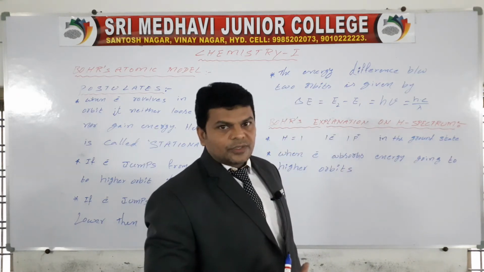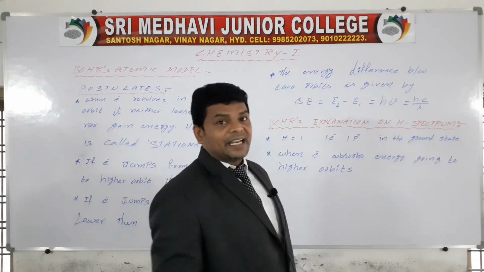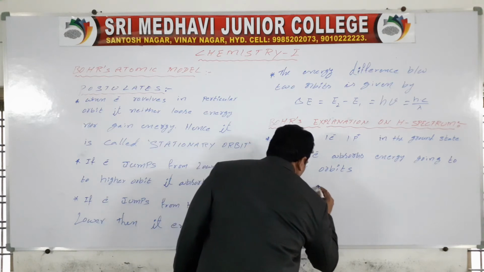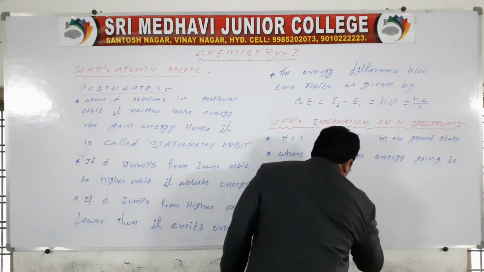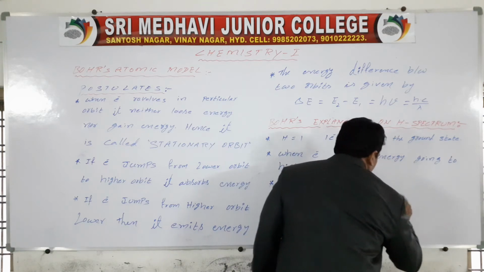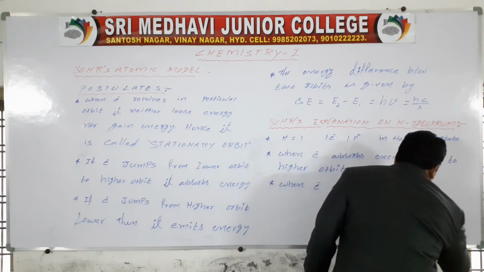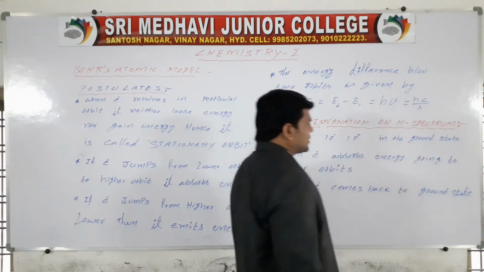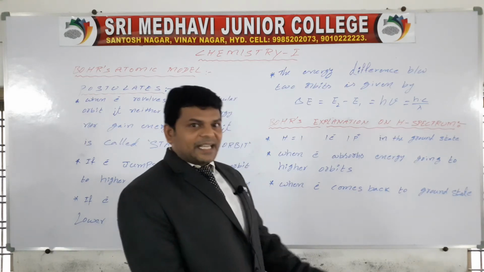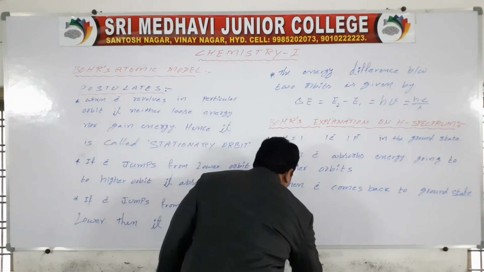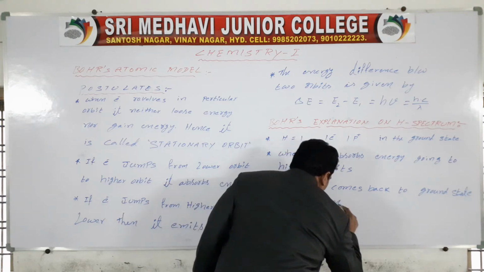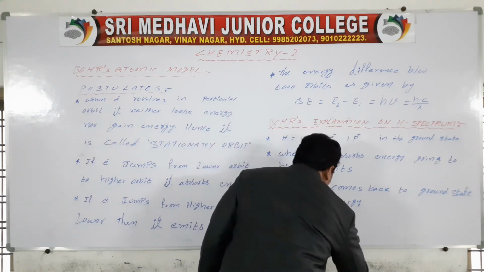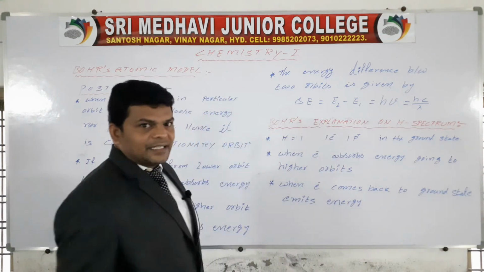When it comes back to the ground state, it emits energy. So when the electron comes back to the ground state, it emits energy.